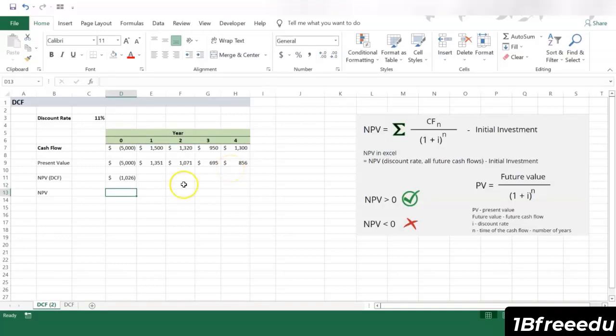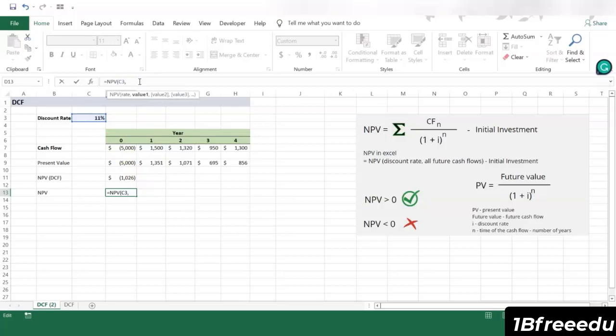There's another way to calculate the net present value because Excel has a formula to do that. So type in equals NPV, open the parentheses, select the discount rate of 11%, put in a comma, and then we can select all the future cash flows of our project.